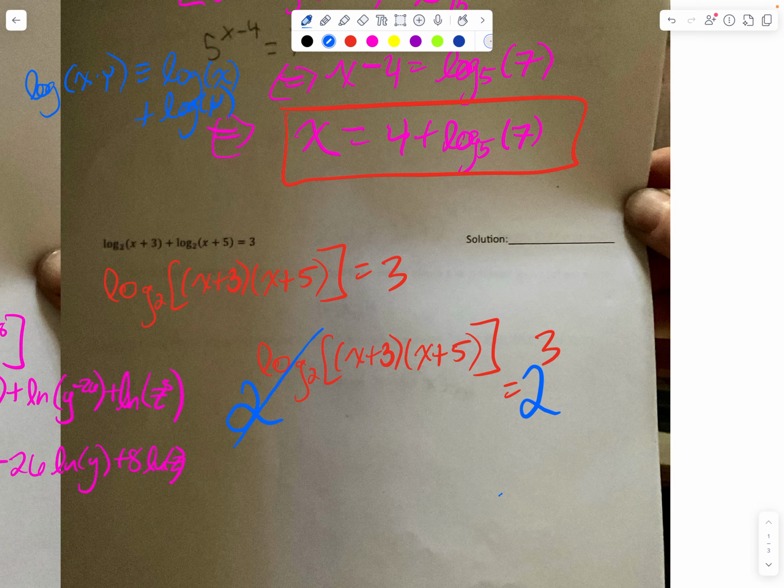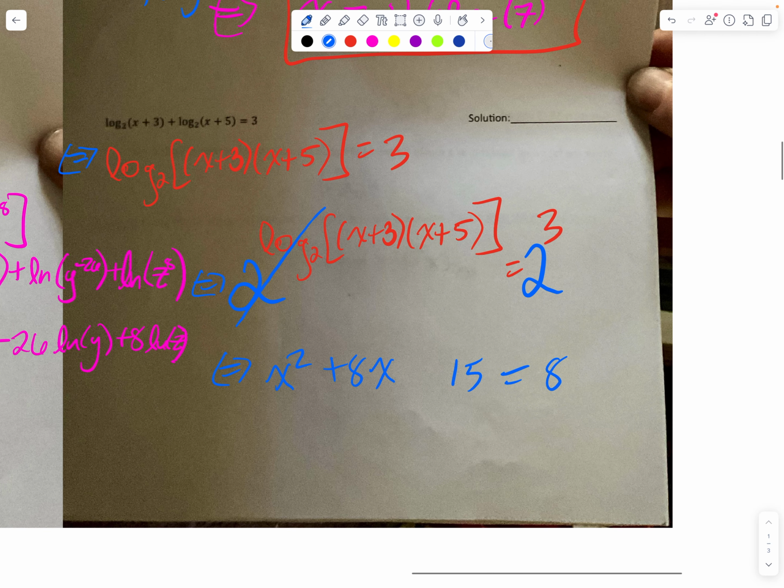So 2 cubed is 8. Because that's not 0, we have to multiply this out. So you get x times an x, 3 times a 5. 3x and 5x will add up to be 8x. So that is equivalent to this, equivalent to this, equivalent to this.